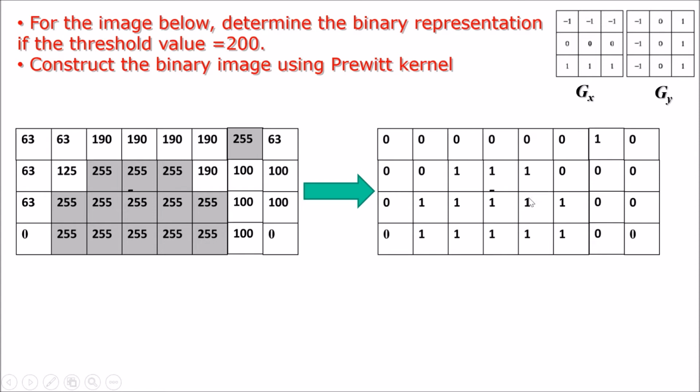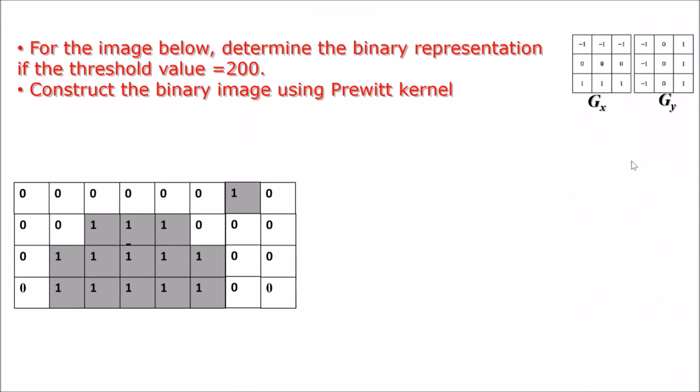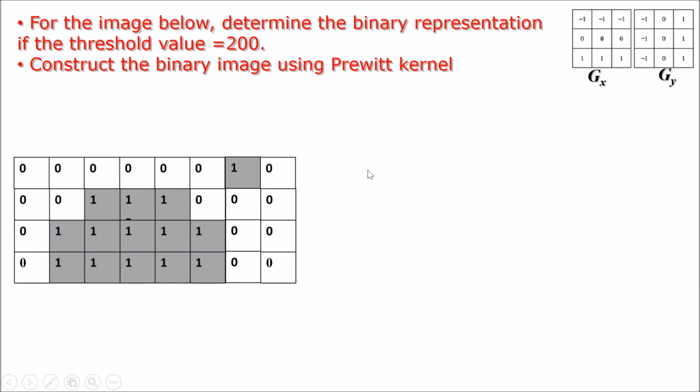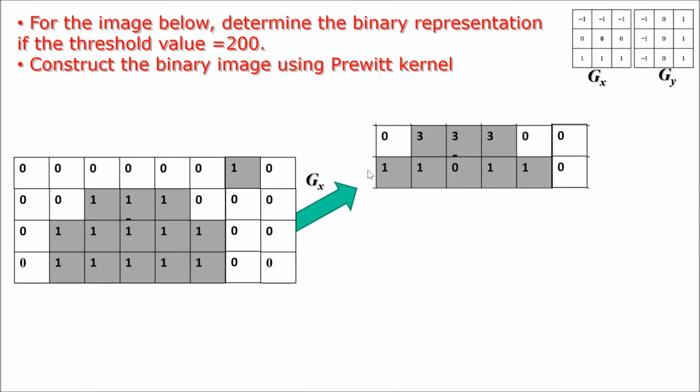Once we have highlighted the area, the next task is to calculate the response of the derivative operation in the gx and gy direction. First, we construct the response in terms of the gx direction.